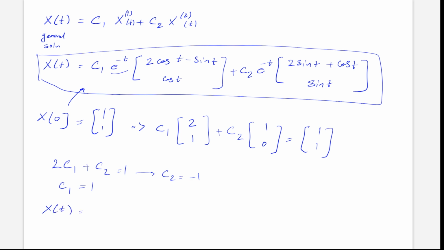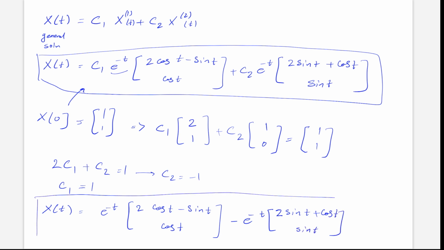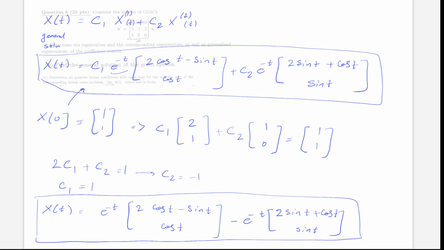With the initial condition, our solution will be e to the minus t times 2 cosine t minus sine t, cosine of t, minus e to the minus t times 2 sine t plus cosine of t, sine t. This is not our general solution, but our solution for this specific condition values.